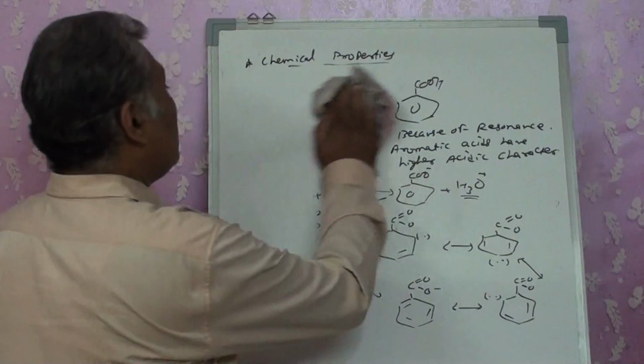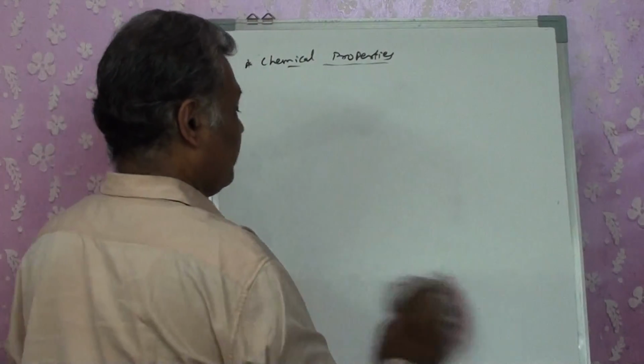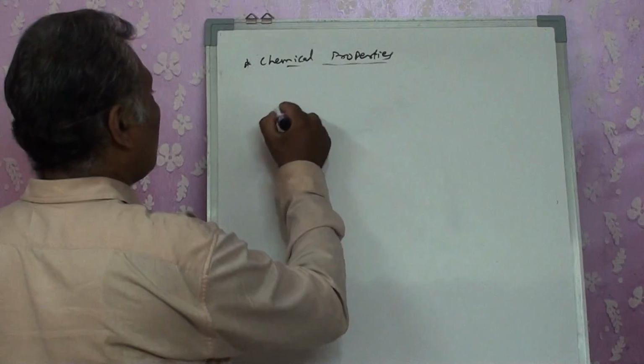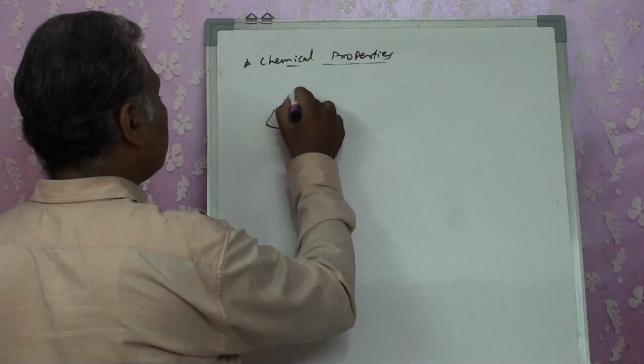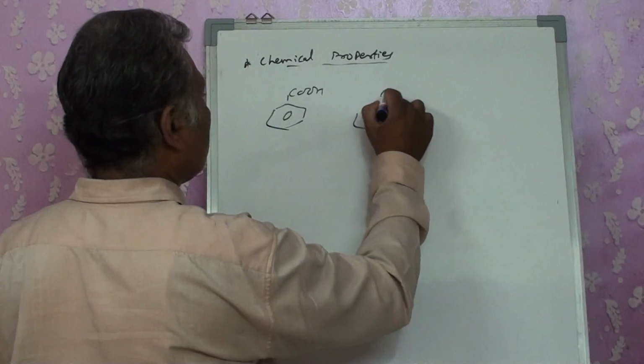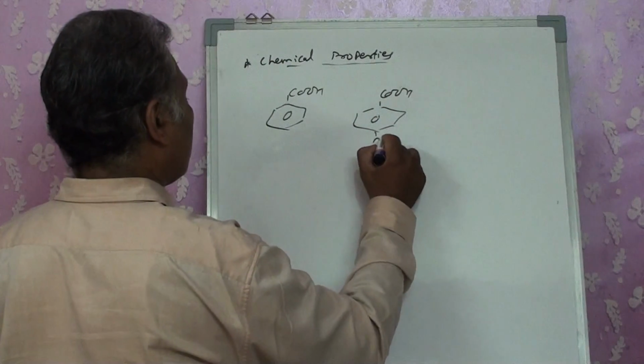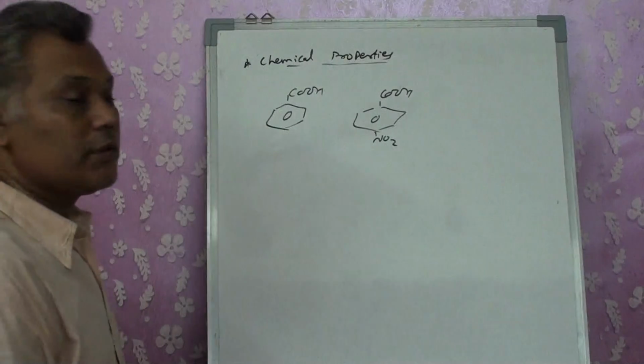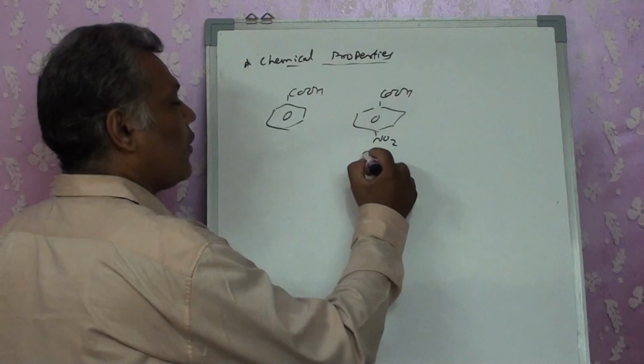Okay, now if we want to compare within the aromatic acids, COOH, now what happens? This is an electron withdrawing group.